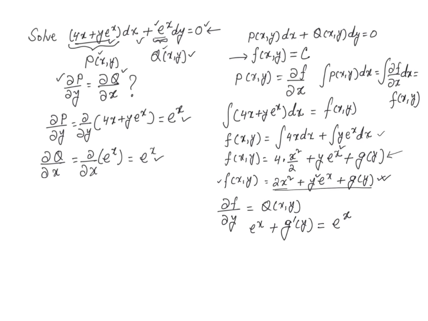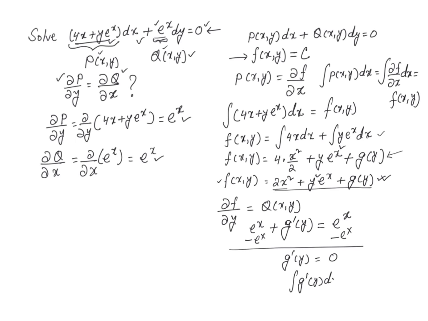Now you have e to the power x on the left, you have e to the power x on the right. So if you subtract, that gives you g prime of y is equal to 0. If g prime of y is equal to 0 and you take the integral of it with respect to y, that should be a constant, right?